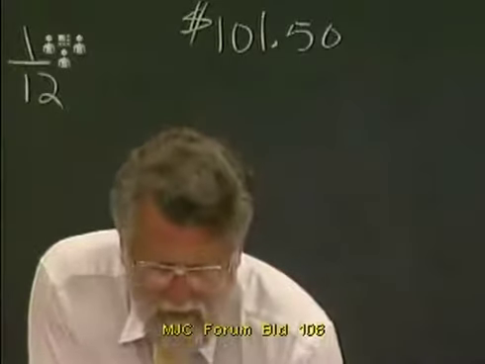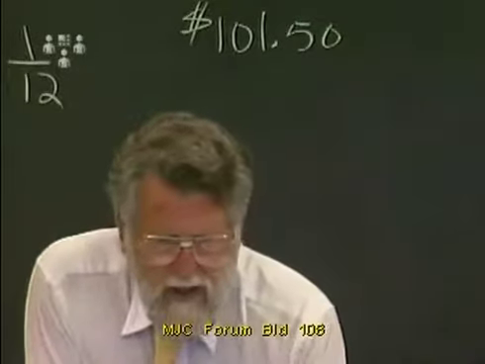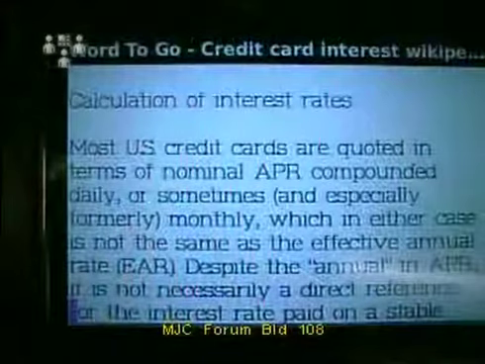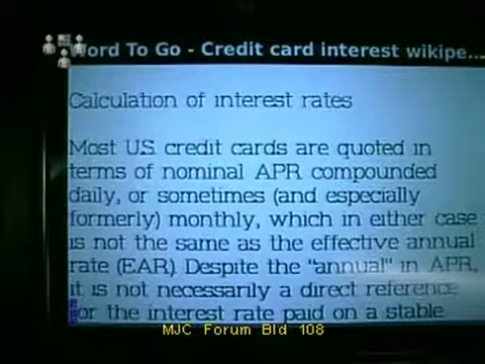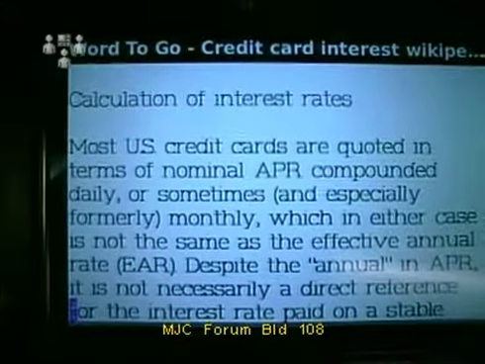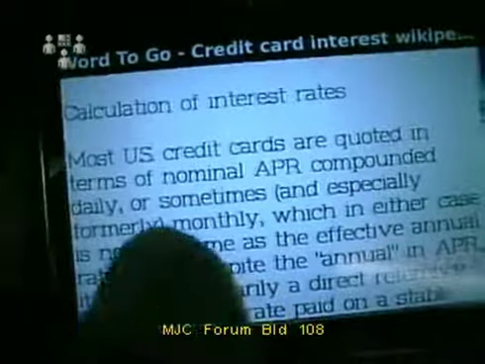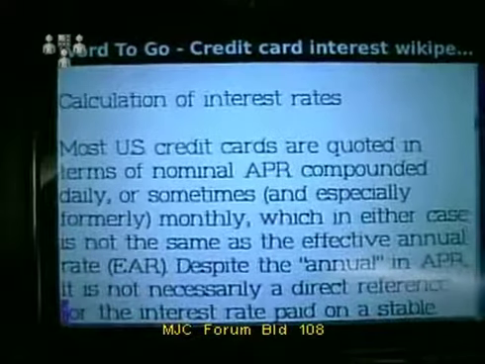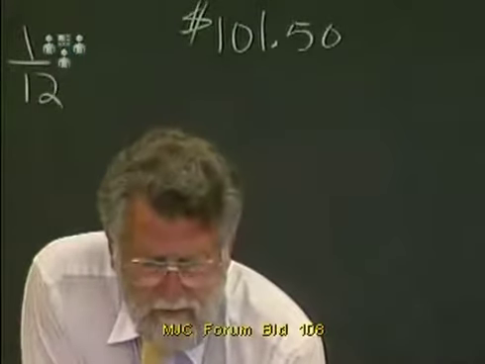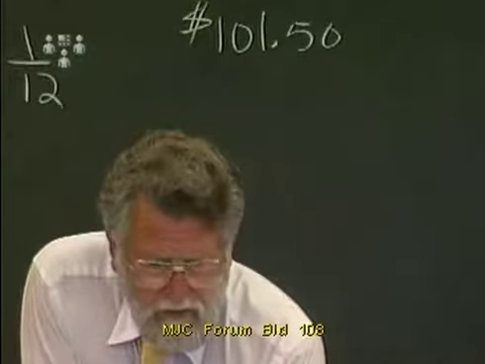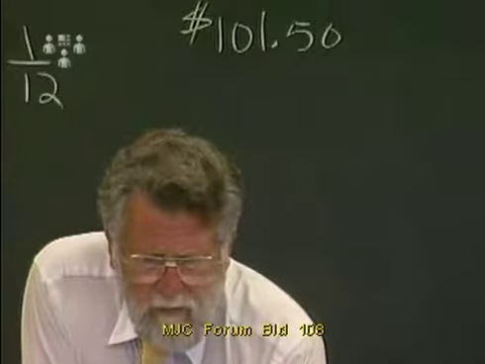And so I'm going to bring this up again. You'll note here at the bottom it says the EAR. Despite the APR, it is not necessarily the more effective rate.